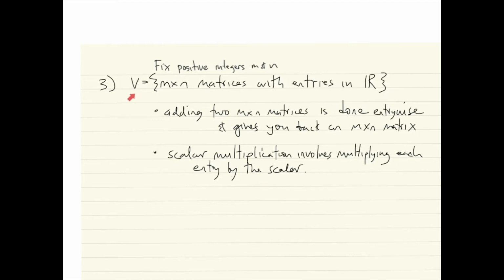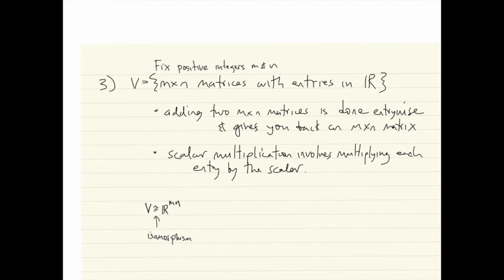It turns out that this vector space V is isomorphic to R to the m times n. We'll see this later, and we'll also see what isomorphic means. The symbol here means isomorphic.